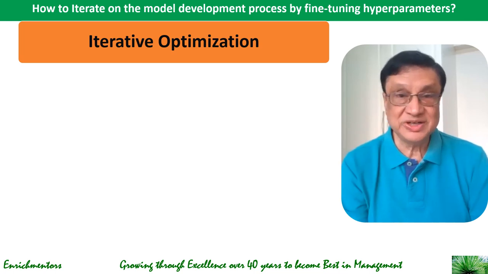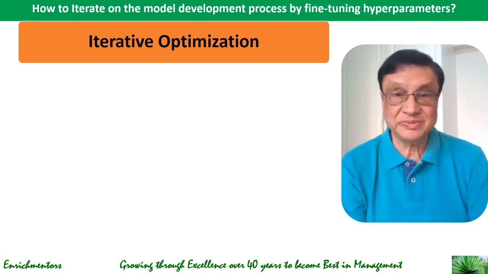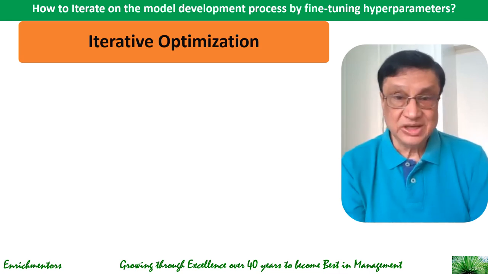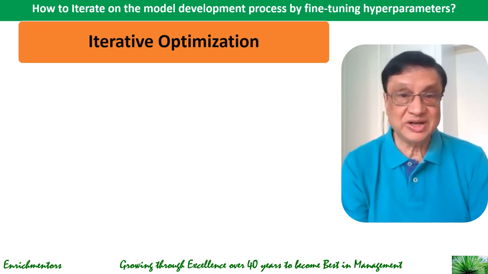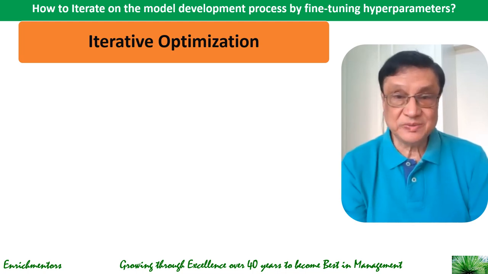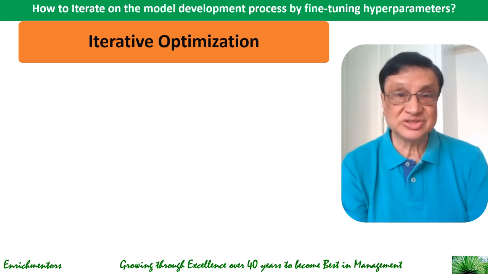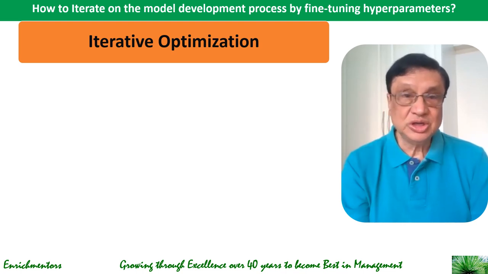Train the model as we discussed using the selected hyperparameters on the training data. Evaluate the model's performance on the validation set using the chosen validation strategy. Analyze the model's performance metrics and compare them to the previous iterations. Adjust the search space, optimization technique, or hyperparameter values based on this analysis and iterate through to optimize.